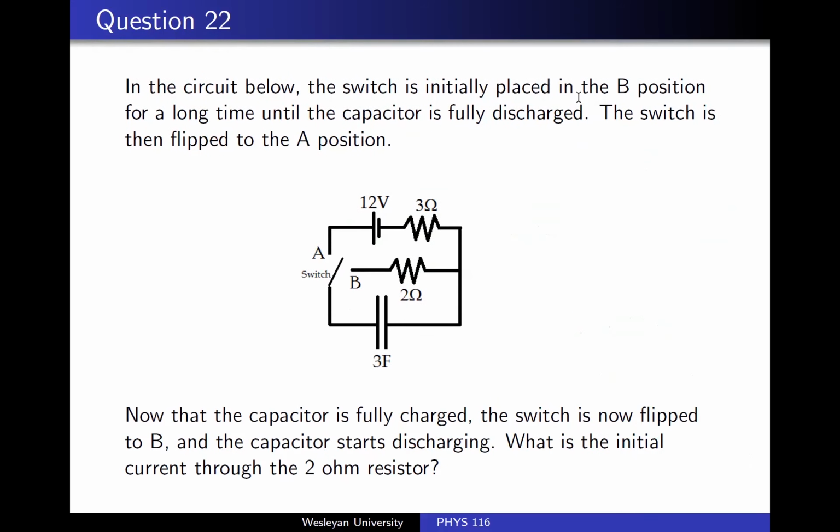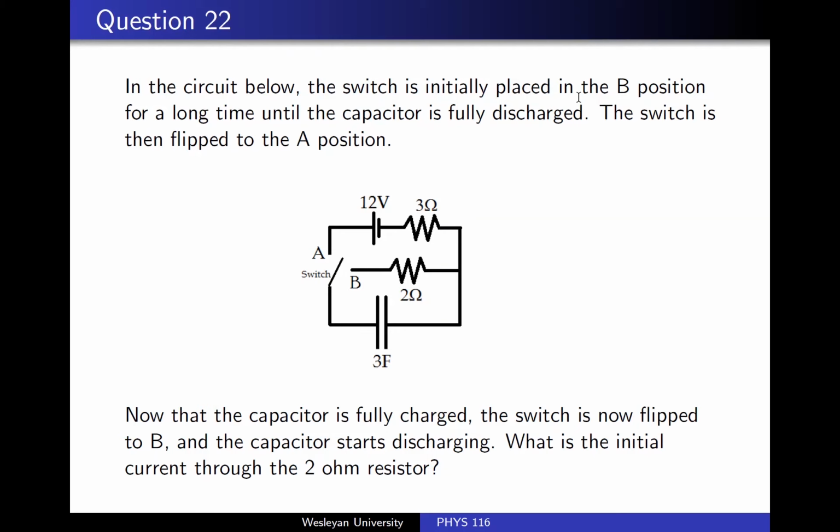Now that the capacitor is fully charged, the switch is flipped to position B and the capacitor starts discharging. What is the initial current through the 2 ohm resistor? Well, now that we're in the discharge phase, the capacitor is going to act like a battery, but with a variable voltage. What voltage does it start with?